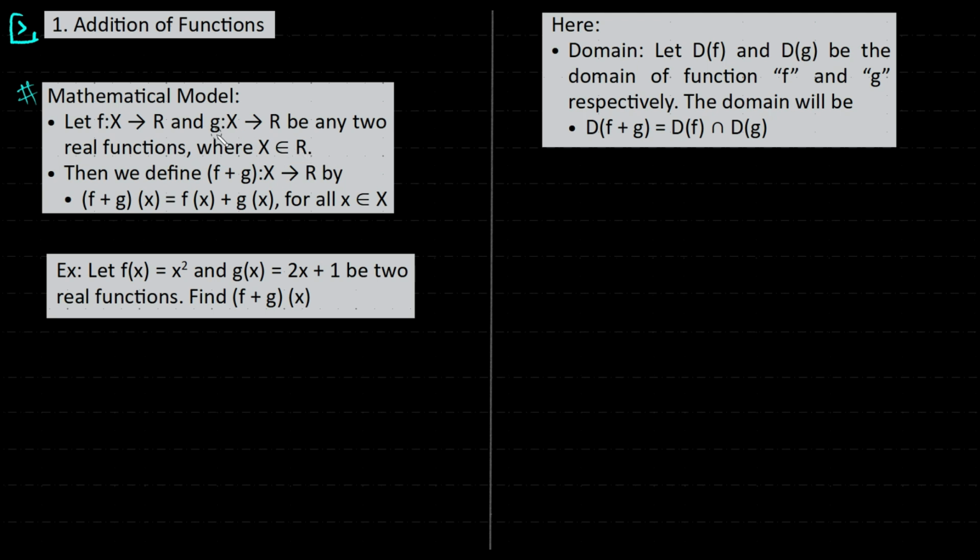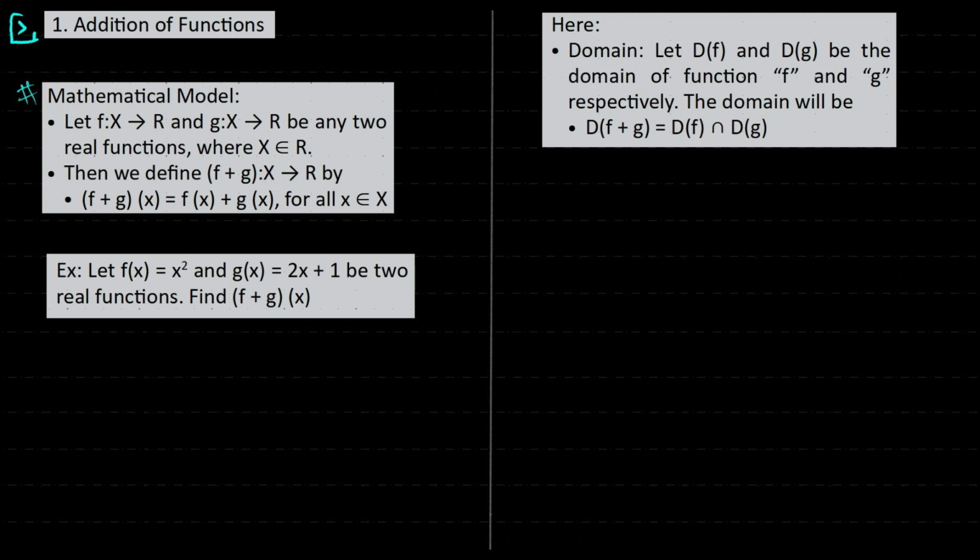That's why these are your real functions. Now we are looking at (f plus g)(x). Basically we're looking at the resultant function after doing the algebraic addition of f and g. The resultant function is going to map set X to R.